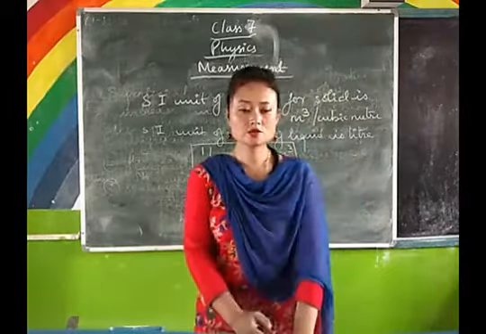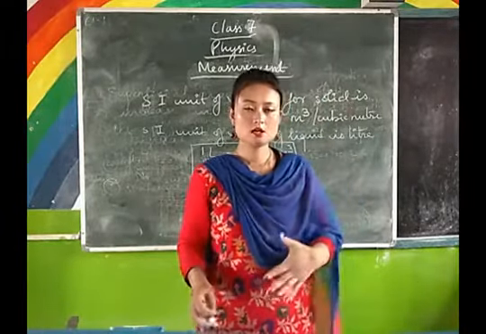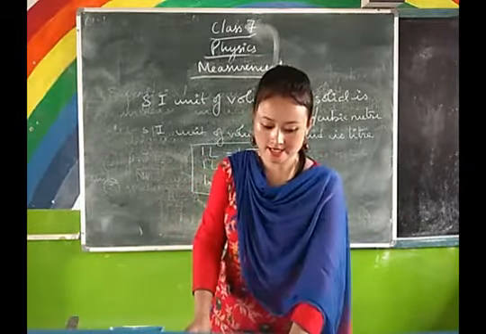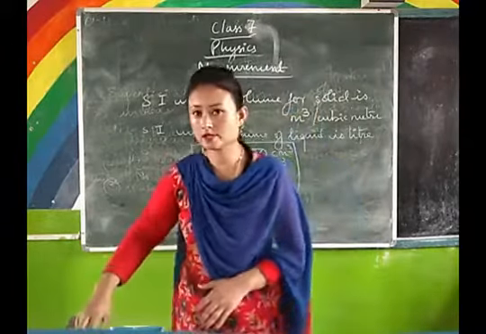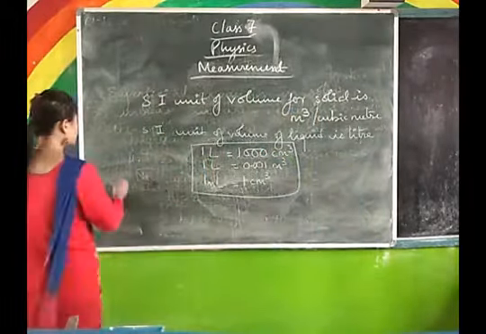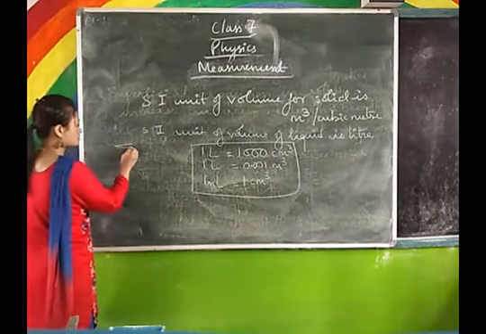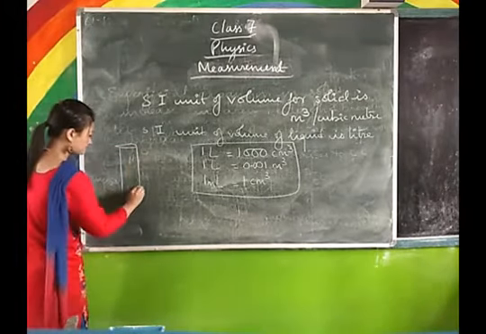Now, how do we measure the volume of a liquid correctly? In the lab, we have the measuring cylinder, which somewhat looks like this. Since I am not so good with drawing, please excuse my drawing.